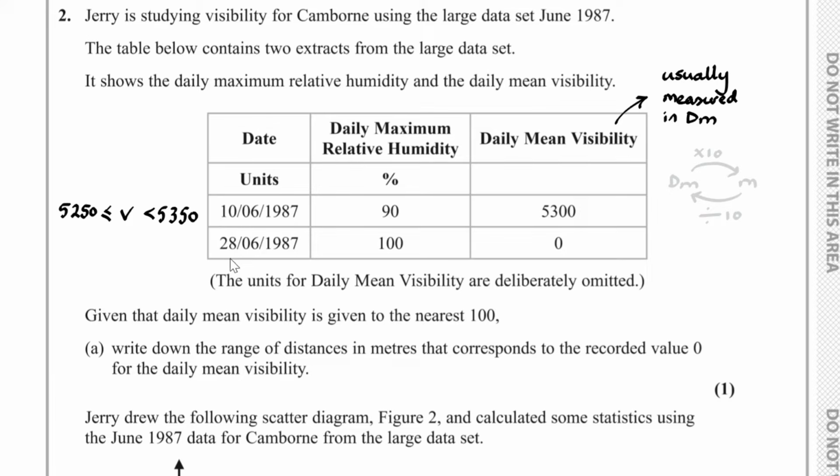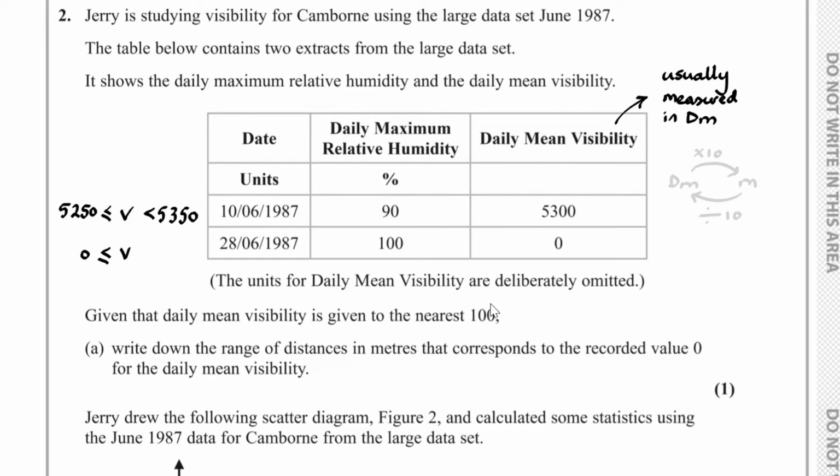And if we consider the range of values for this particular date, 28th of June 1987, of course, V must be greater or equal to 0. That makes sense. The distance can't be negative.